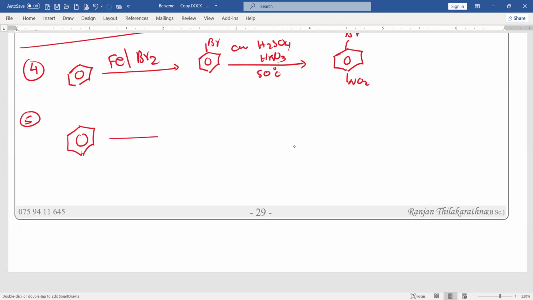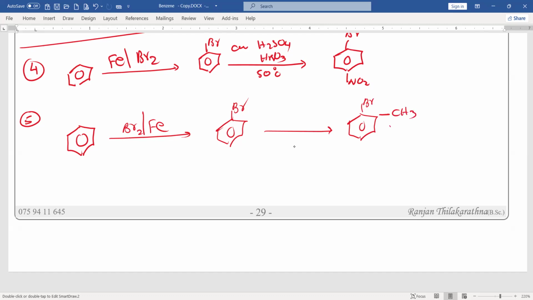But here you can first add Br2 and Fe. Then you will get this product. And then you can add this. It must be in ortho position. And then you can oxidize this to benzoic acid. Then finally you will get this product.